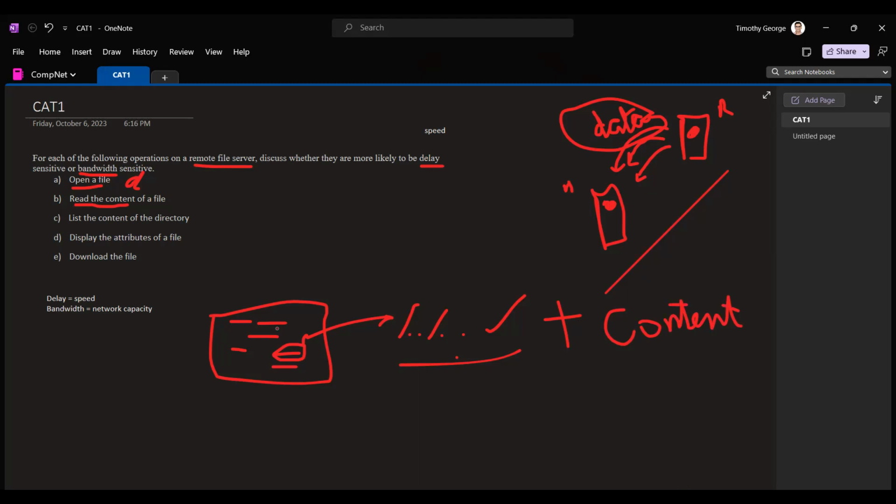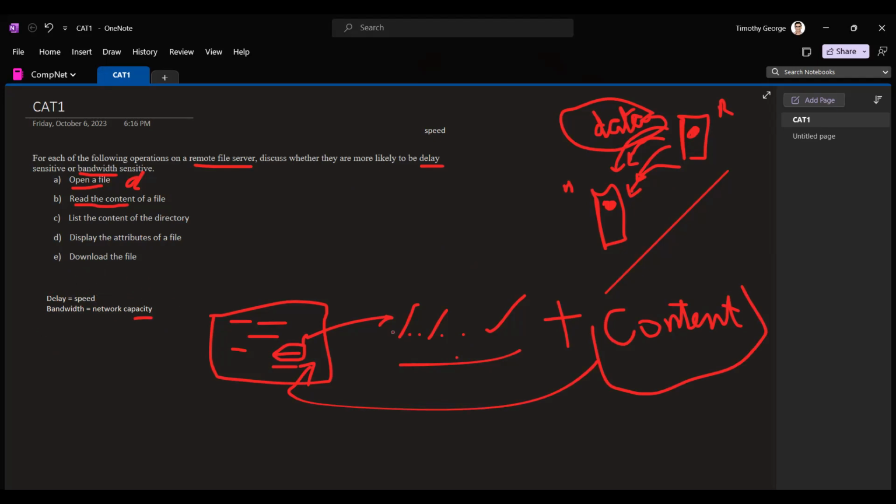And when you're going to transfer the content, are we thinking about speed or about capacity? It needs to have capacity, because you're transferring a large amount of data to the host. You have a file, you need to transfer everything, even if the speed is not so good. So why is it not delay sensitive?